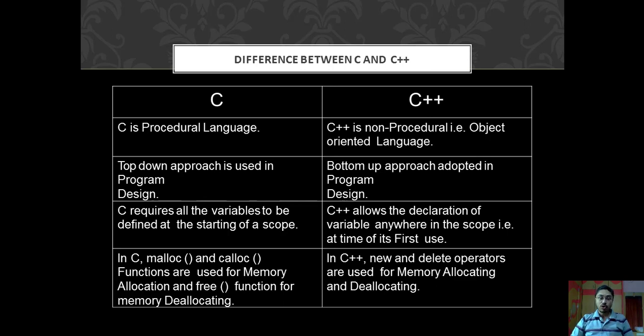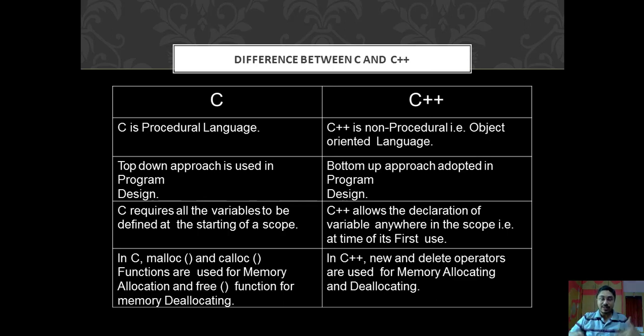C++ is called a bottom-up approach because here the approach is different. We start developing the small modules first, and then we construct the main module. If you have a problem, we start designing the small features or small procedures which will be required afterwards, and then we will have the main program which will call them.